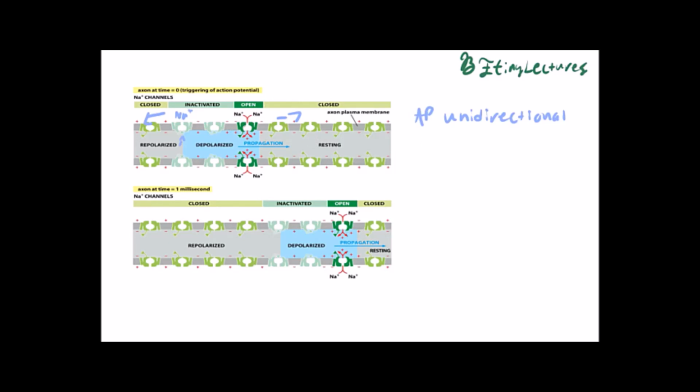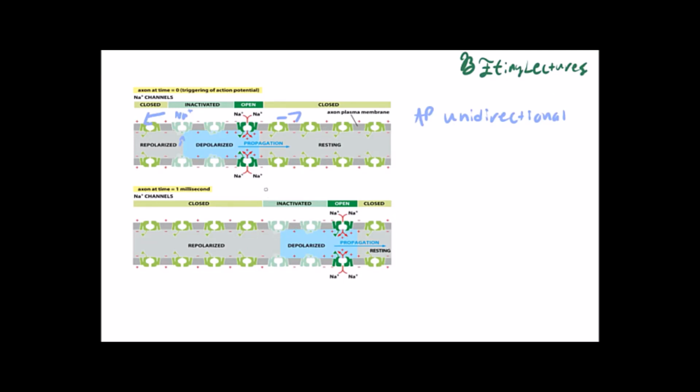So over here we have the action potential being created. So we have the depolarization. It goes in one direction, and eventually these channels will open because sodiums accumulate. They accumulate on this section right here.